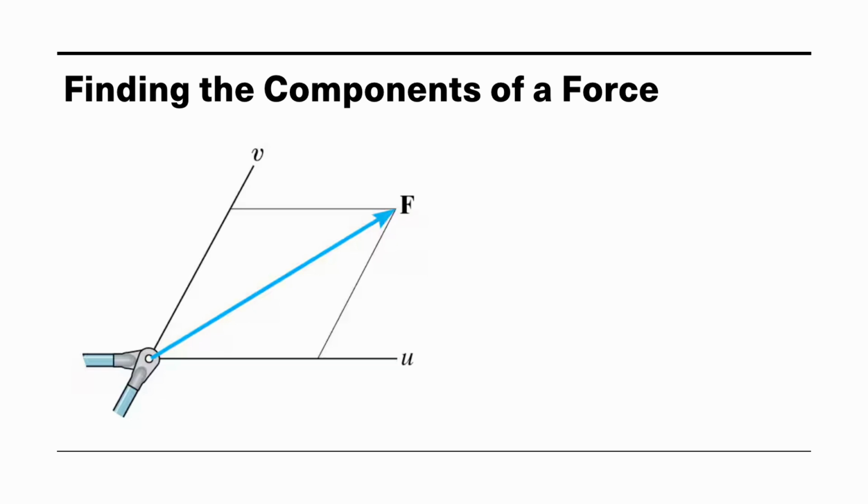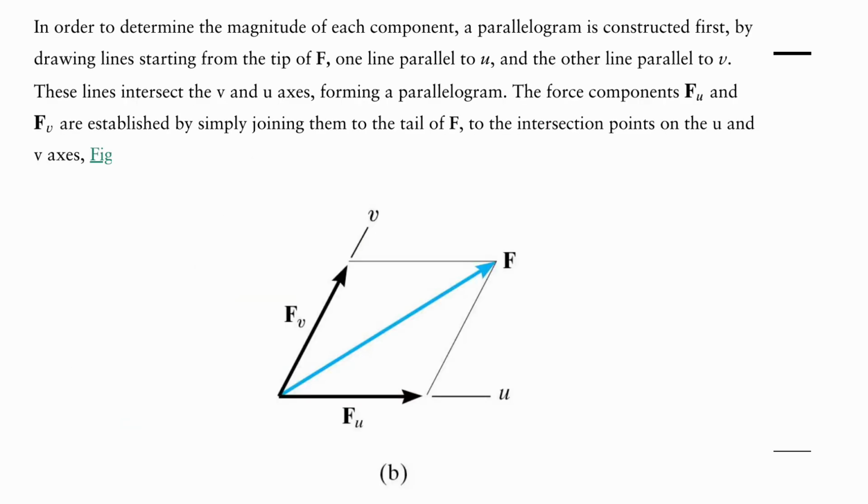So what if we need to find the components of force? Before, we were talking about the resultant force. Now we have the resultant force, but we need to find the components, for instance here in the directions U and V. In order to determine the magnitude of each component, again a parallelogram is constructed first by drawing lines starting from the tip of F, one line parallel to U and the other line parallel to V. These lines intersect the V and U axes, forming a parallelogram.